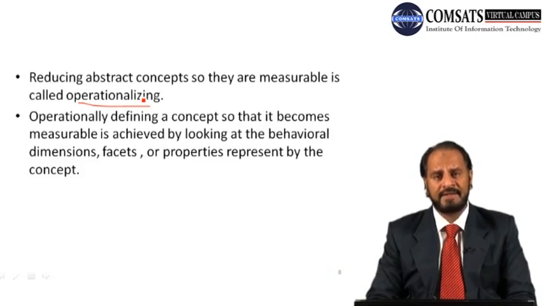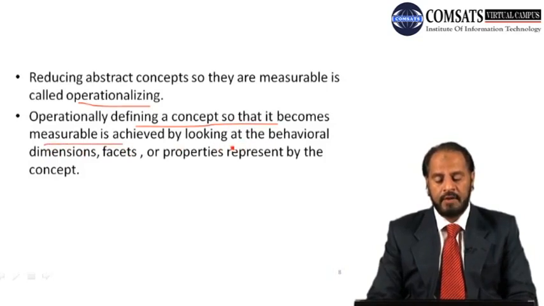So we operationalize or simplify the concept into something which we can measure. Operationally defining a concept so that it becomes measurable is what we are supposed to do. And basically we're trying to see what are the behavioral dimensions, facets, or properties which represent the concept.